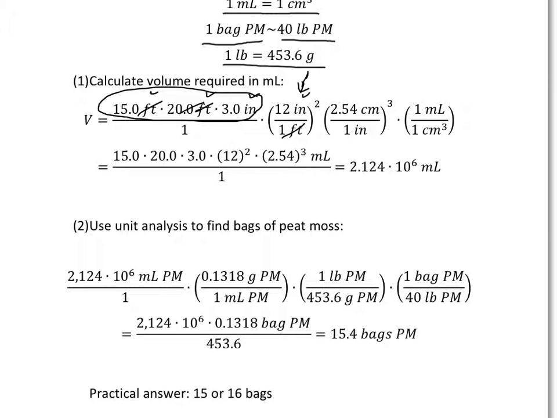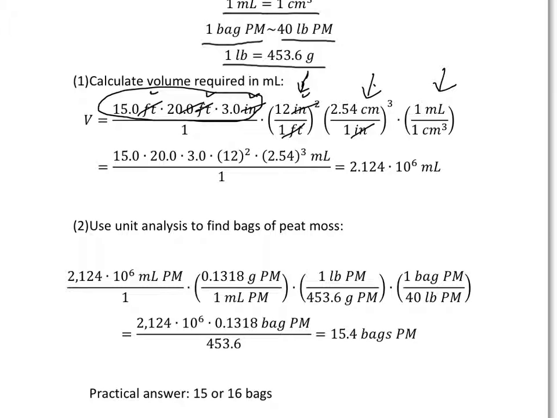And then I need to convert those inches into centimeters. 2.54 centimeters is 1 inch. Here's my conversion factor. I do that 3 times and I'll have centimeters cubed. And then all the inches will cancel, and I'll be in cubic centimeters. And then I use the fact that 1 cubic centimeter is the same as a milliliter.